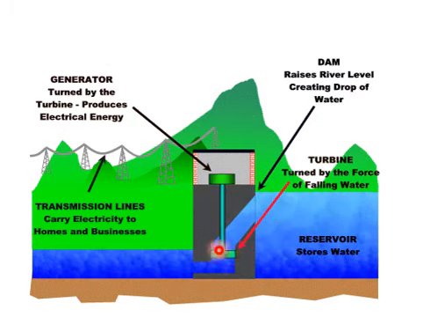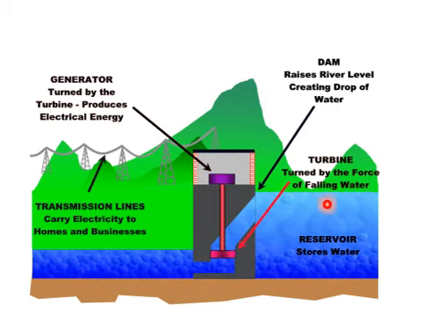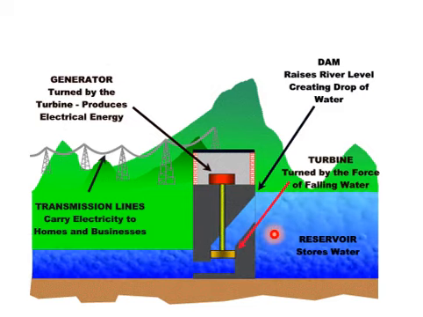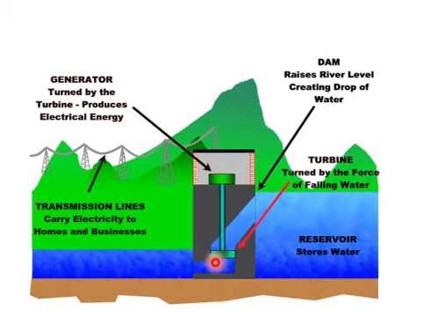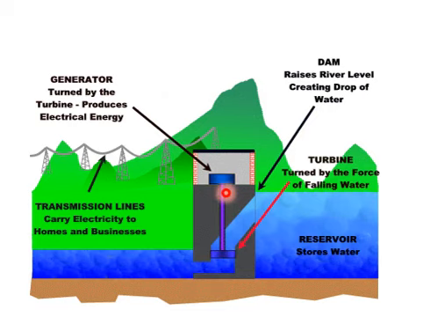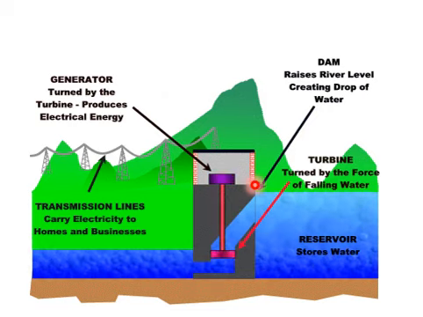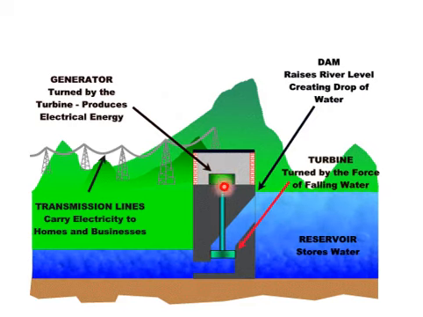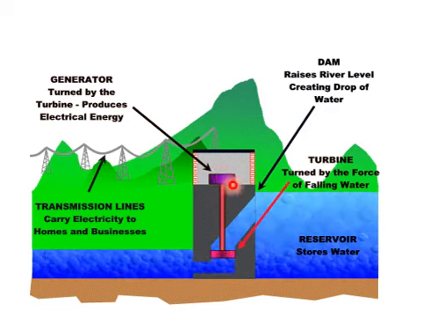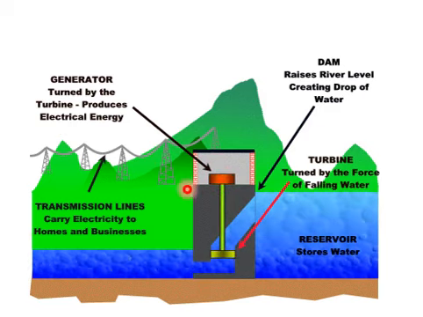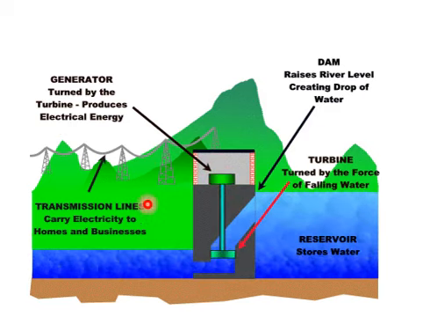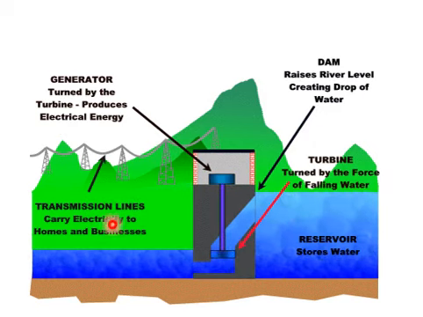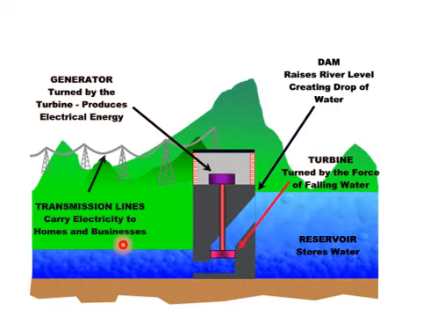Then there is a turbine which is turned by the force of the falling water. As the turbine turns, the generator is turned by this turbine, which produces electrical energy, which is then transmitted to transmission lines, and transmission lines carry electricity to homes and businesses.